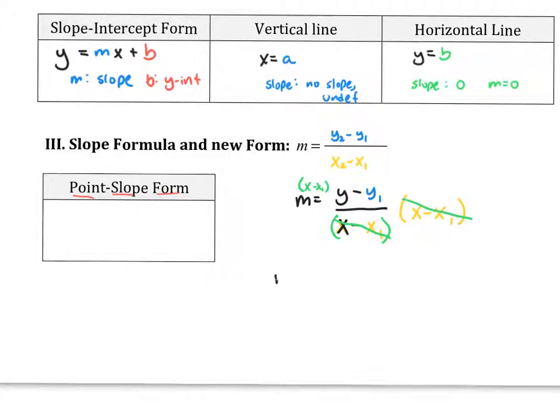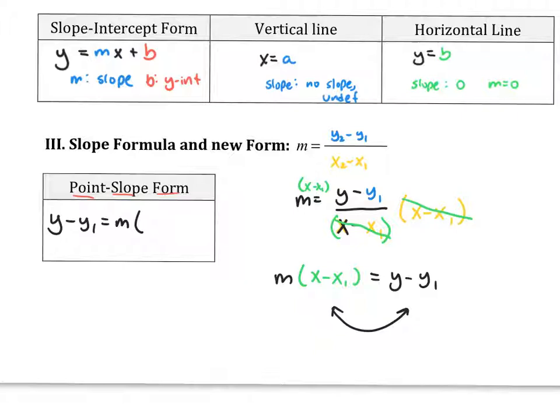I bring down this m, and then I bring down this x minus x1. And on the right side, we're left with y minus y1. It turns out when I flippity-flop these two, then that is the form that we are now going to be calling point-slope form. Why? Because it tells me instantly a slope and a point.